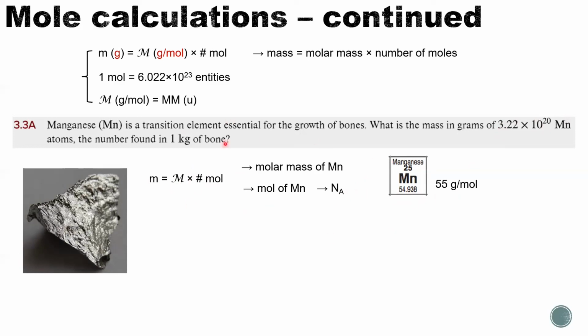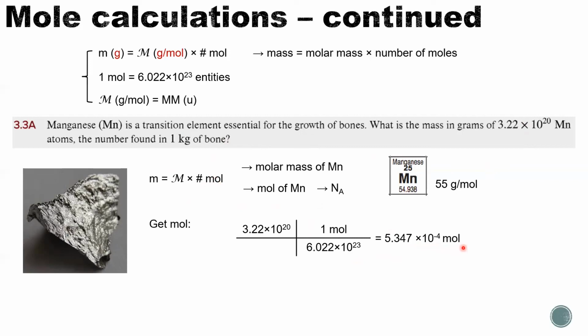Okay. Now we know how to solve this problem. Let's get the number of moles first. Use the box method, right? So the number of moles of this amount of manganese is 5.347 times 10 to the minus 4 mole.